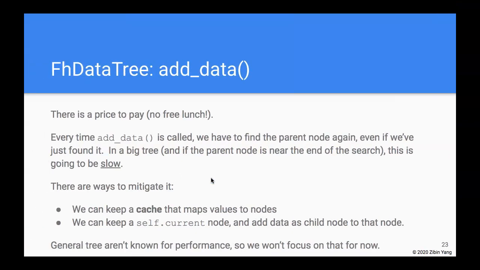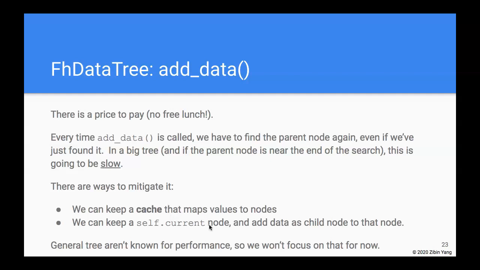Now, that means that in a big tree, and especially if the parent node is actually somewhere towards the end of the search, then this can take a really, really long time. So that's a problem.